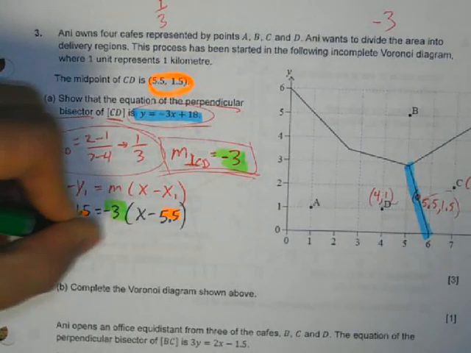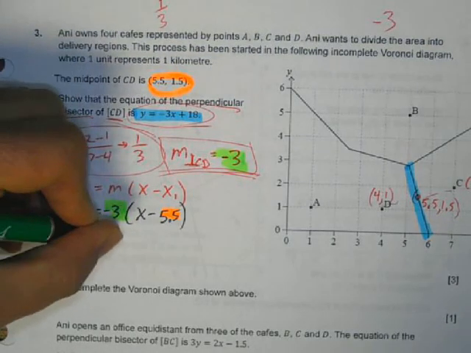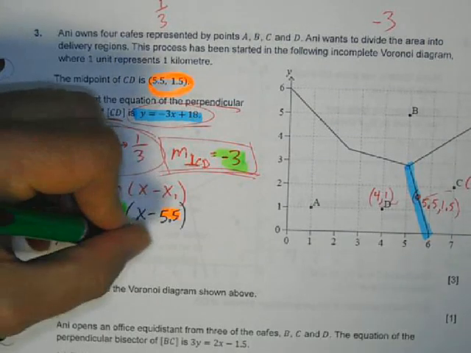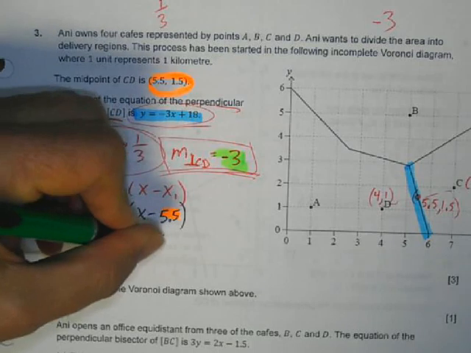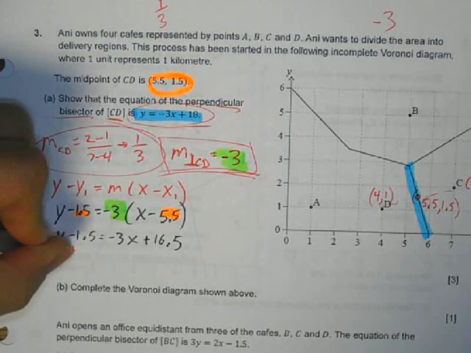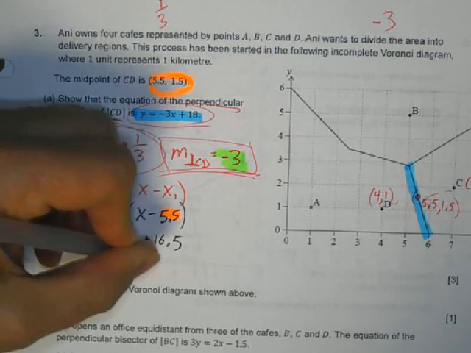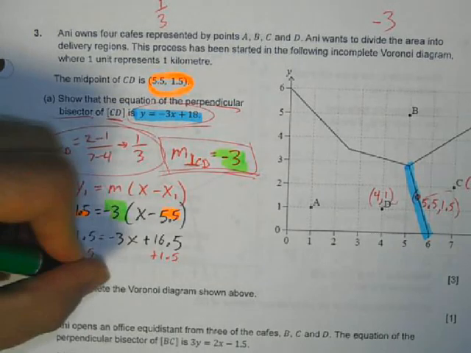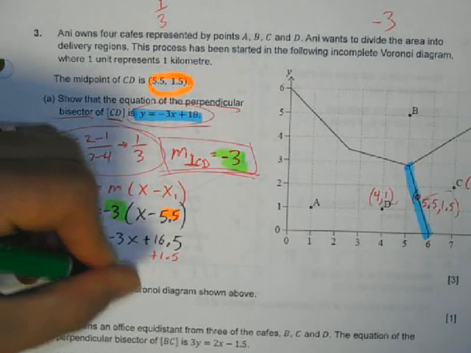We're going to do distributive property with a -3. -3 times -5.5 is positive 16.5. Now I'm going to add 1.5 to both sides, and then I get y equals -3x plus 18.